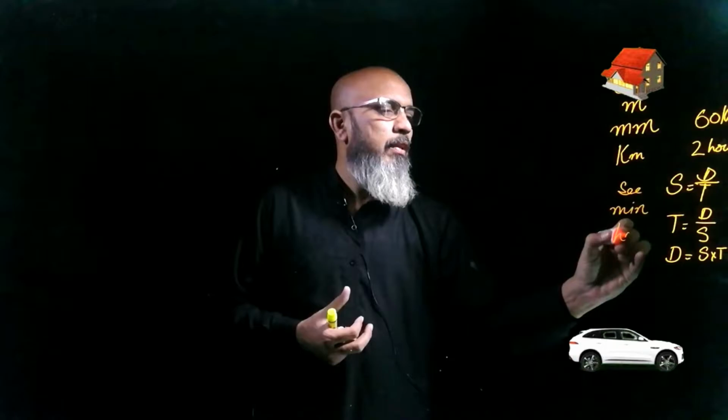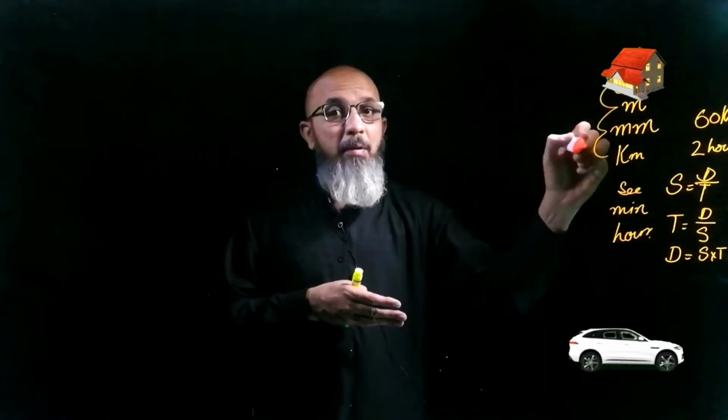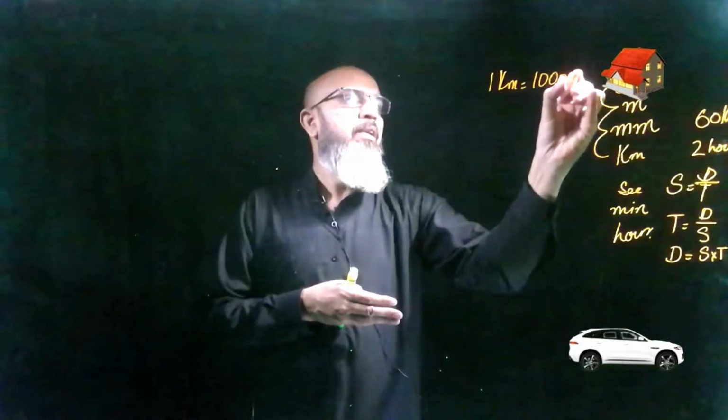Now you should know the links between these units, means how many meters are there in 1 kilometer. Suppose I write here 1 kilometer is equal to 1000 meter, right? Similarly 1 meter is equal to 100 centimeter, right? So these two units we often use to measure the distance. Next thing is hour, minute and second.